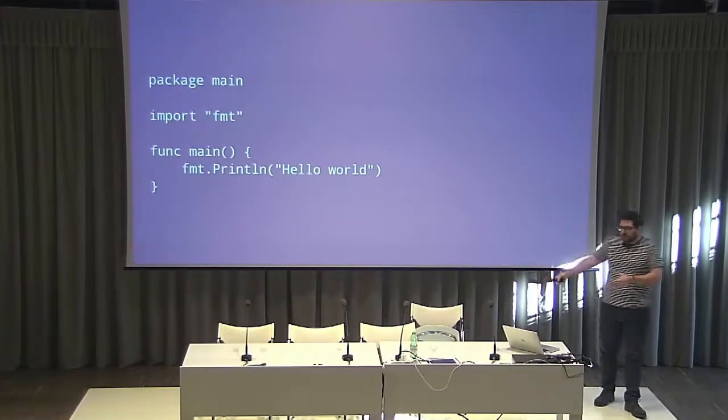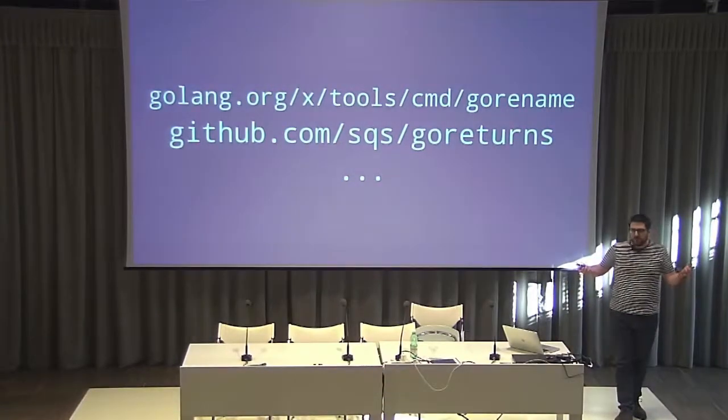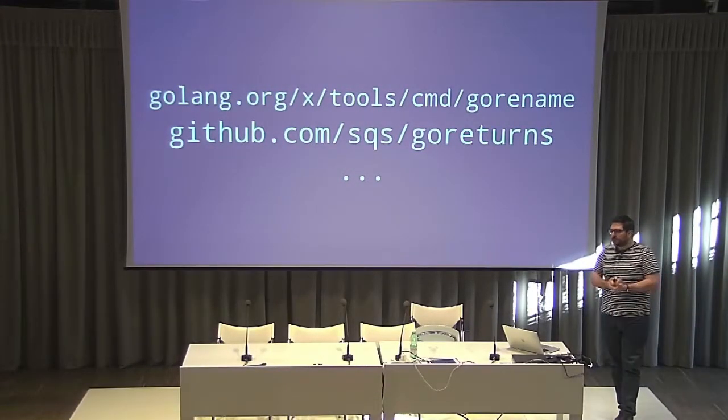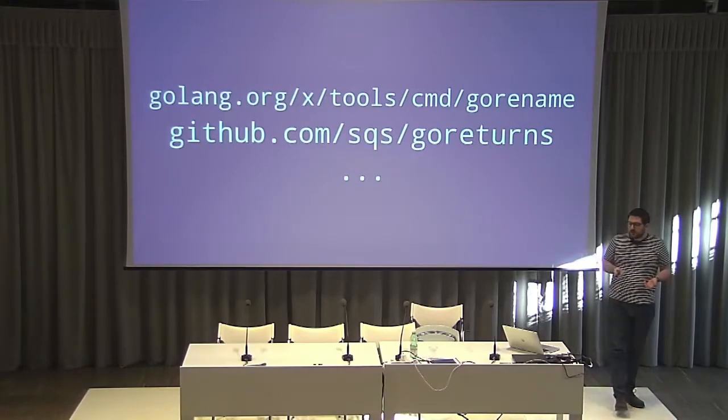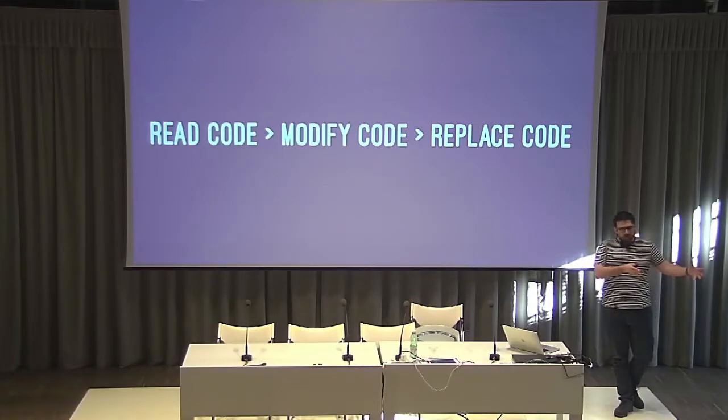There's plenty of those, not only from the Go project itself, but also different projects that people have been building, like Go returns. And as we said, it's reading code, modifying the code, and replacing the code.